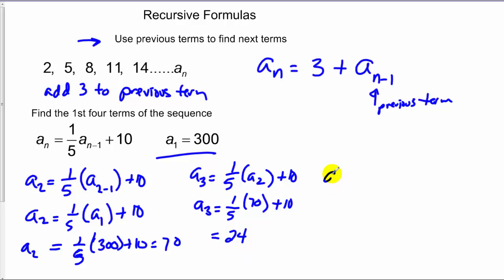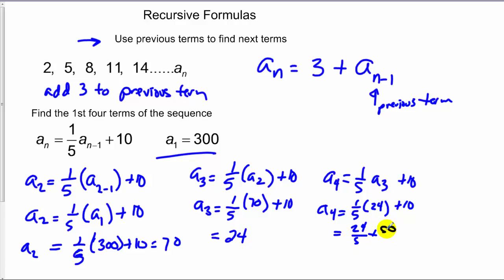To get my fourth term, I take 1/5 my previous term, which is my third term, and add 10 to it. That gives me 1/5 times 24 plus 10, or 24 over 5 plus 50 over 5, 74 over 5, and that's my fourth term.